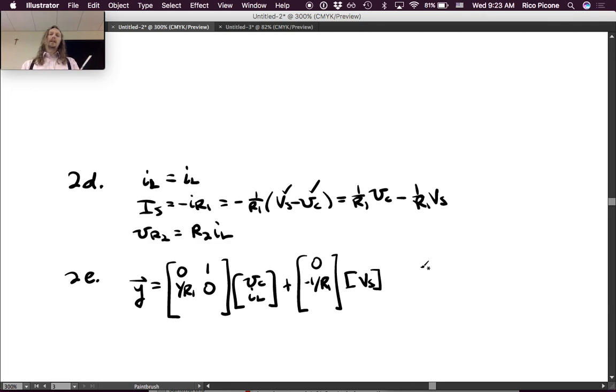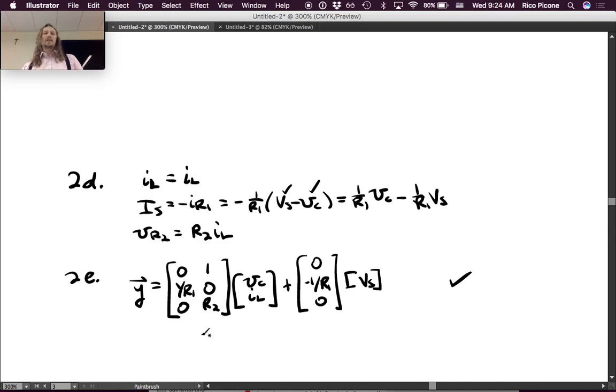And then finally, we have our VR2, which has 0 VC, R2 IL, and then 0 VS. And my friends, we have arrived at a state space model, which is the x dot equals Ax plus Bu, and our y equals Cx plus Du.